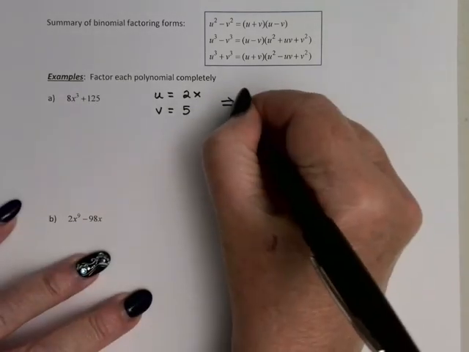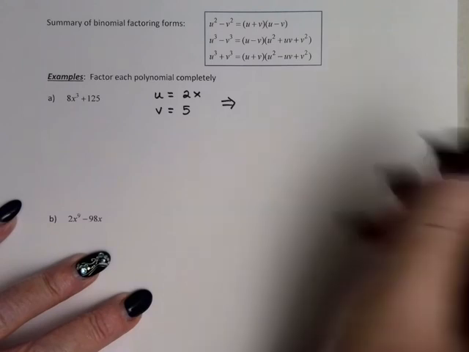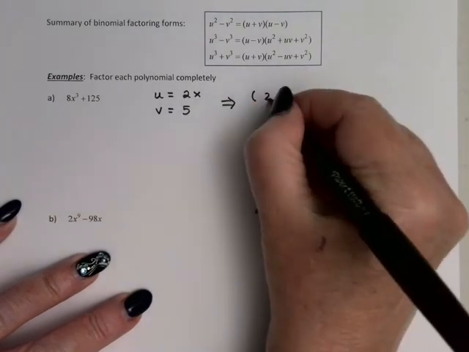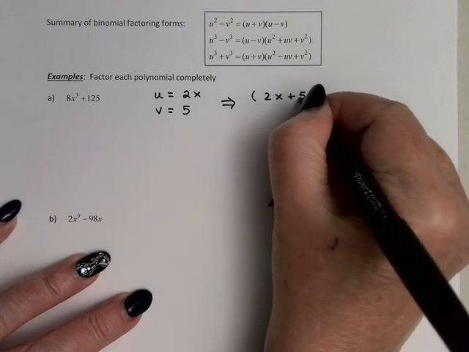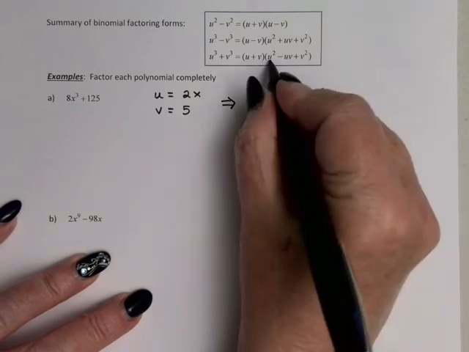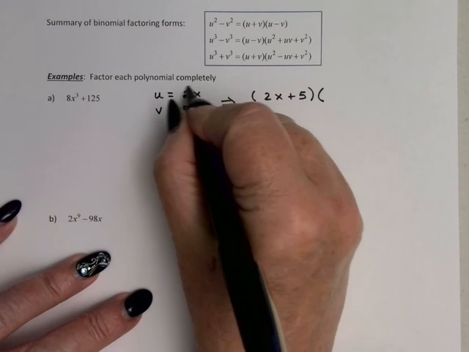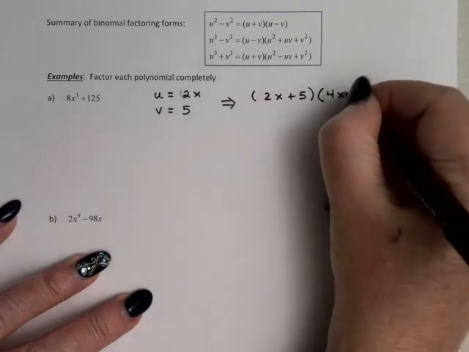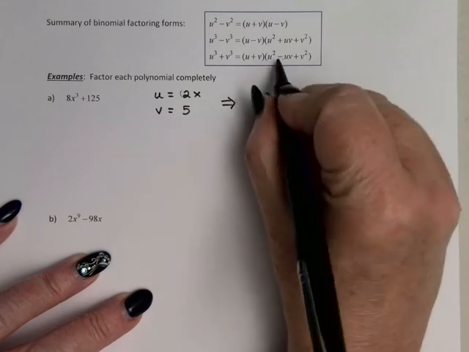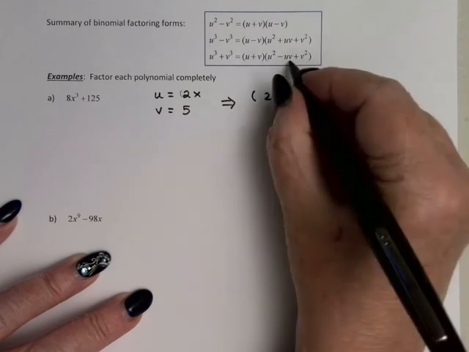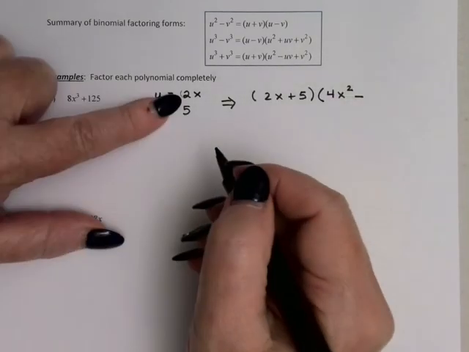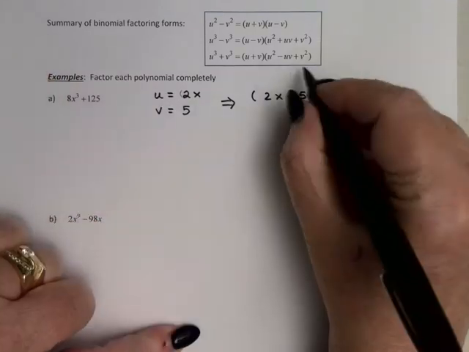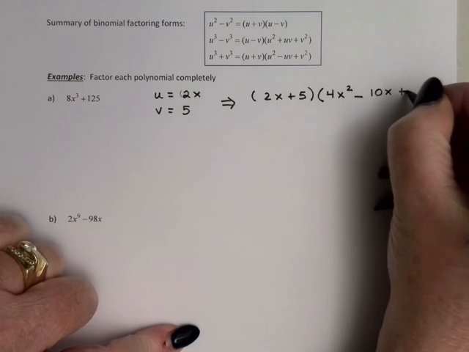And then I'm just going to plug everything into my sum of cubes formula, which says u plus v, so 2x plus 5. U squared: if I square that whole 2x, I'll get 4x squared, minus u times v. Multiplying these together, that's 10x, plus v squared.